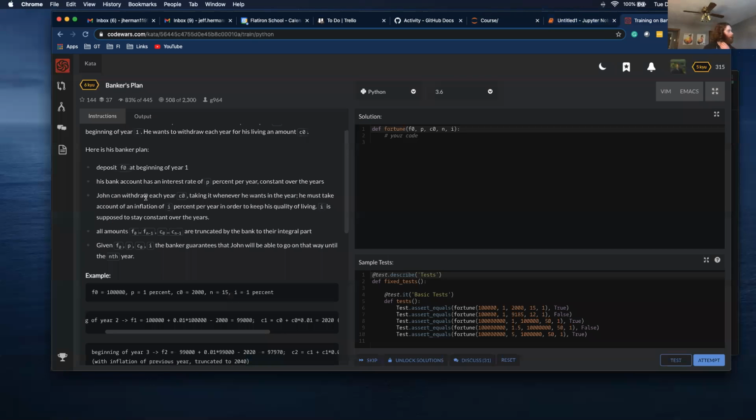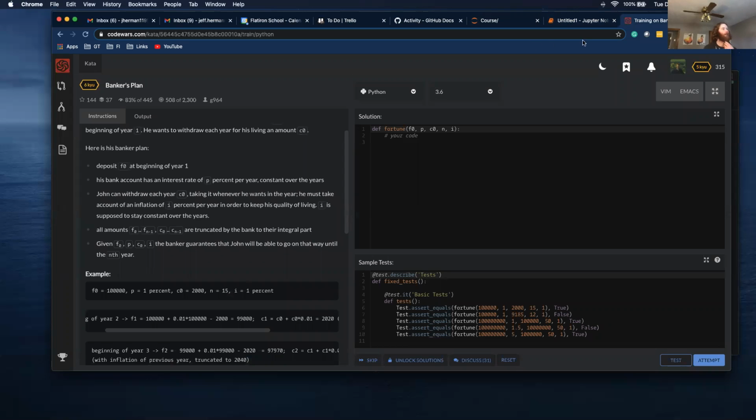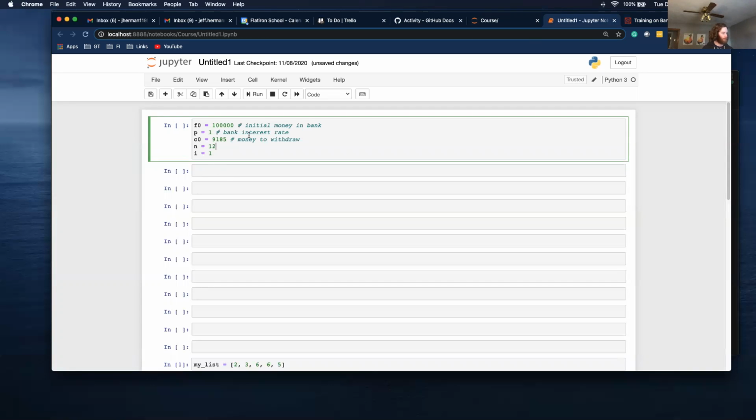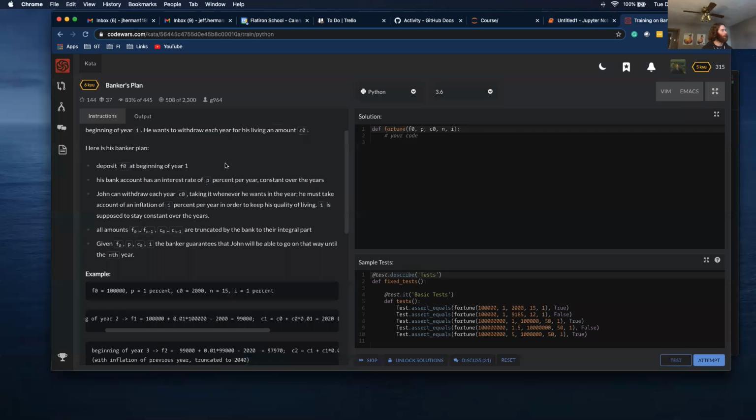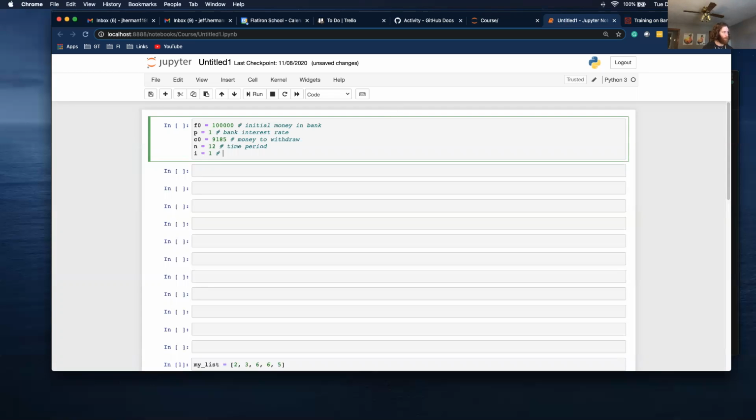N is the time period. And I is inflation, so the rate at which our costs increase.